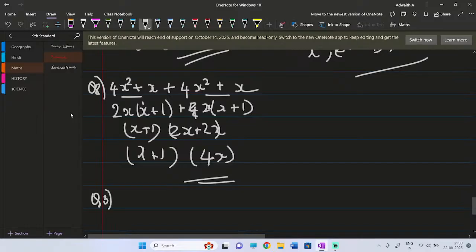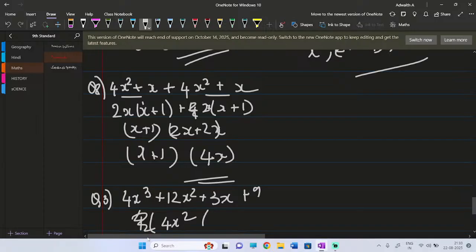Third question. 4x cube plus 12x square plus 3x plus 9. Okay. Here 4, we can take common. 4x square we can take common, right? 4x square, isn't it? So we just keep x, and 12x, we know that 4 into 3 is 12, already x square common into, then we just keep it like that.